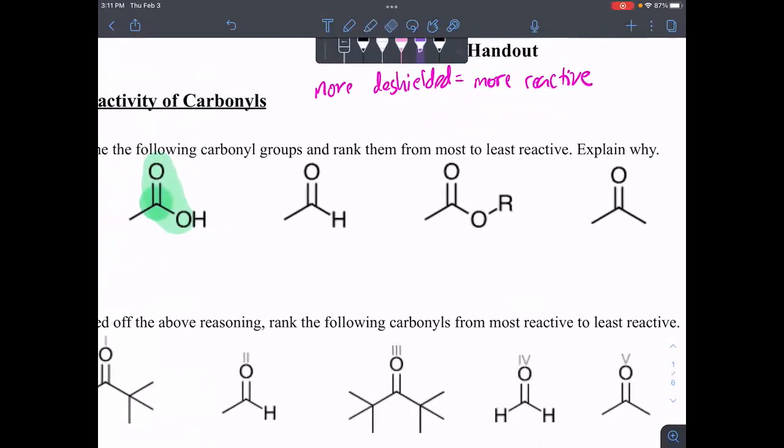Yes, the aldehyde is the most reactive. Why? Yeah, there's no resonance at all. So then two would be ketone.